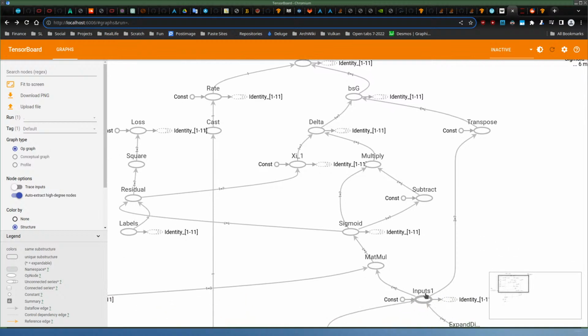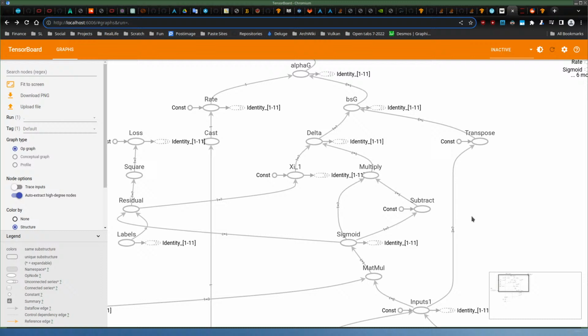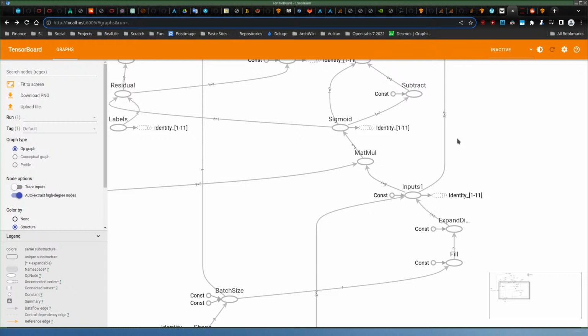Now, if you consider inputs 1 to already exist, then of course the transpose also already exists. Now, maybe it's using too much memory. Maybe it throws this away and then recalculates it every time so that it doesn't have to store it. But I really see no reason why it would recalculate inputs 1 every time over and over again.